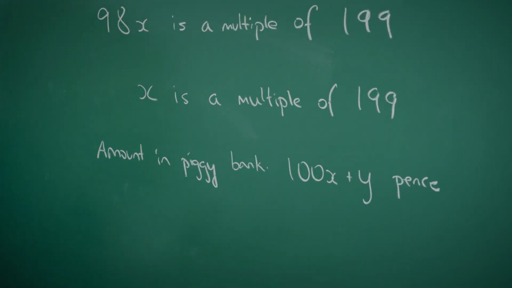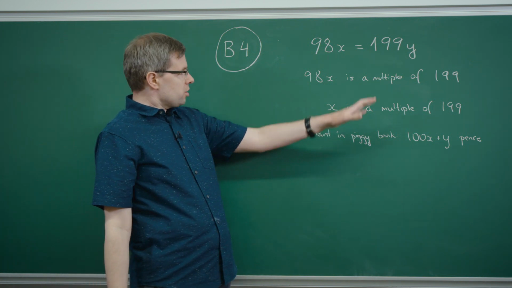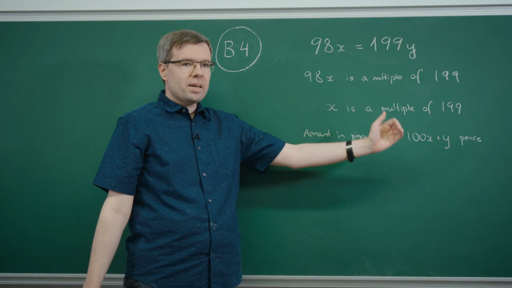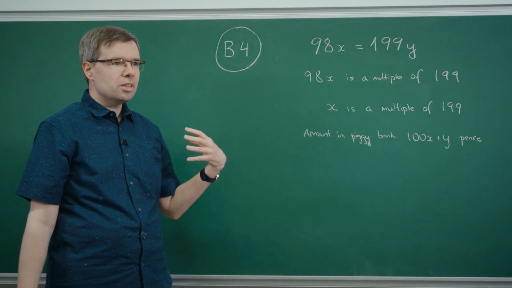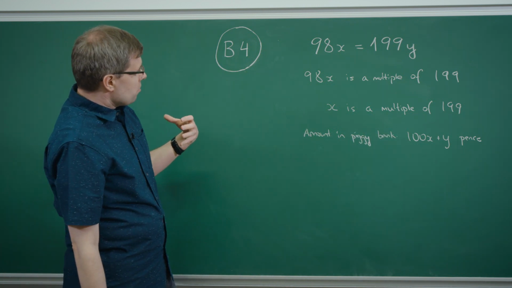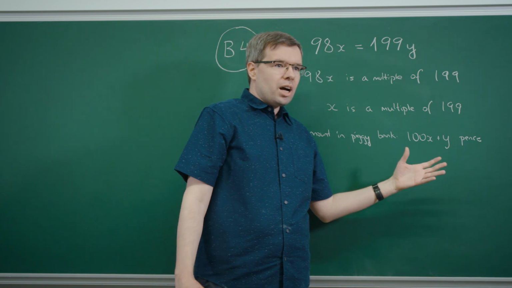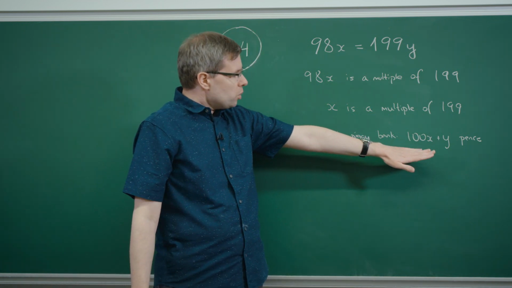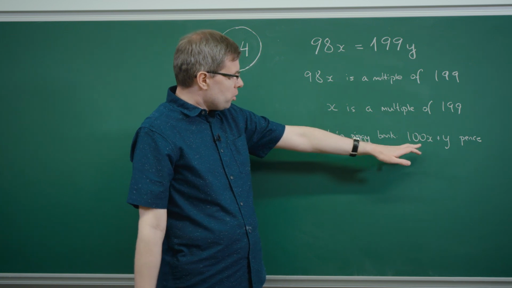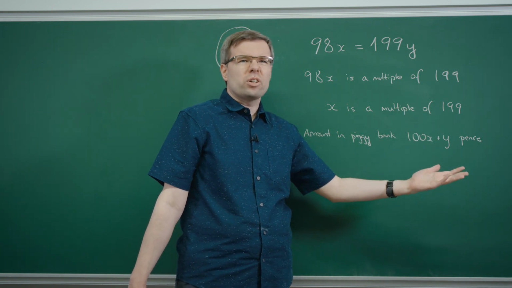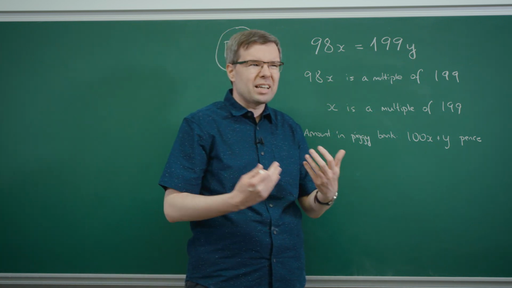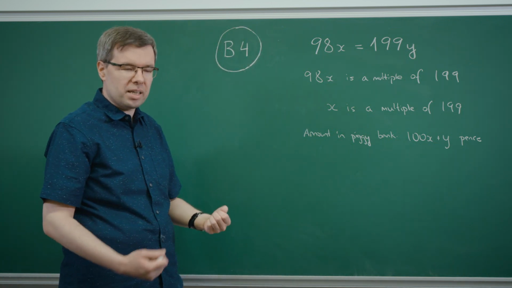And what we want to do is find x and y such that the amount of money in the piggy bank is minimum possible. It's difficult to figure out how exactly to do it, so I'll try to find the smallest possible number of pound coins because they are worth more than pennies, and hopefully this will give us the smallest amount of money in the piggy bank.